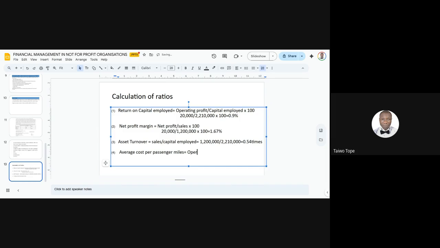Operating costs divided by passenger miles. So now, from the question, the operating cost is what? 1,180,000. The passenger miles is what? 4,320,000.